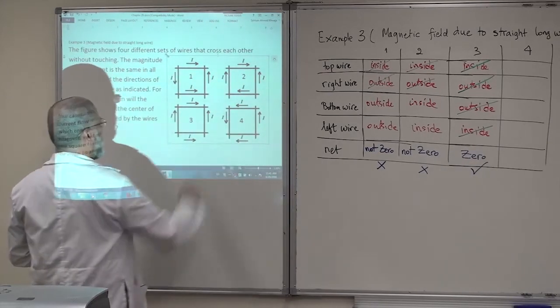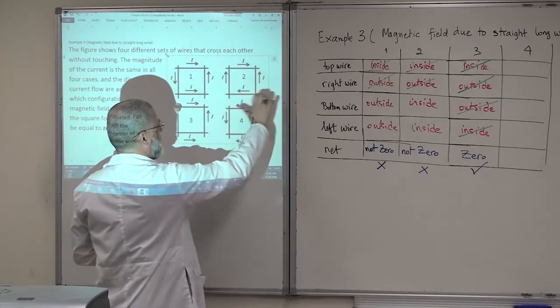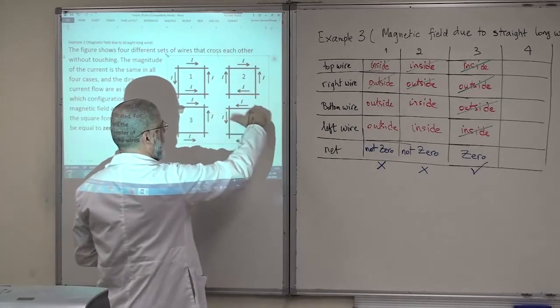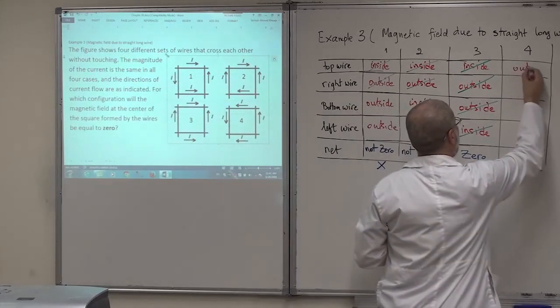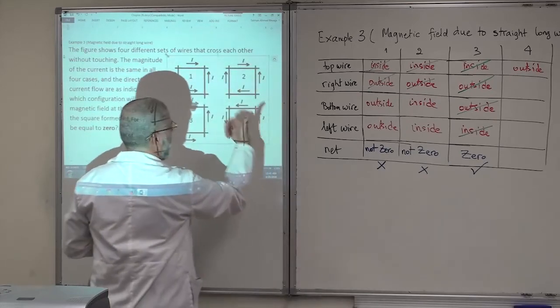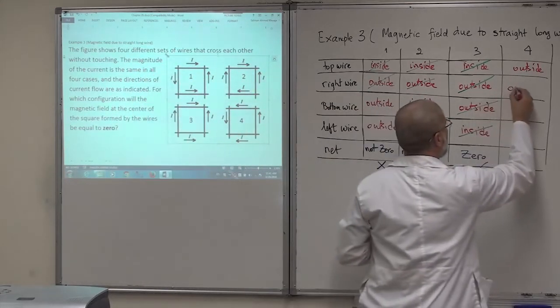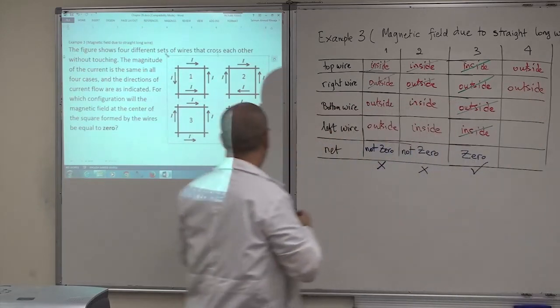Let's look at why number 4 is not. You can see here the magnetic field due to the top wire will be outside. The right wire is also outside. The magnitude is given here, and they are all the same.